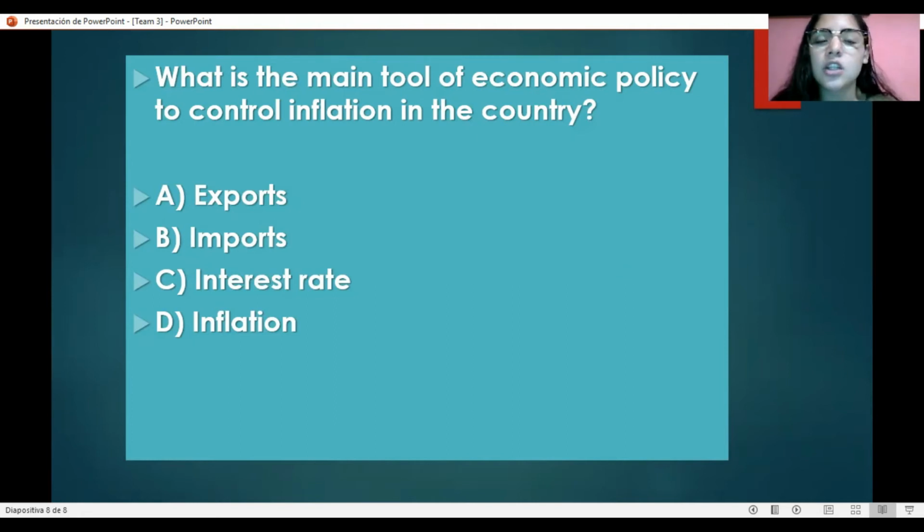Answer A, exports. Answer B, imports. Answer C, interest rate. And answer D. So let me know with a message. And at the end of the presentation, I will tell you who is the person who answered right.